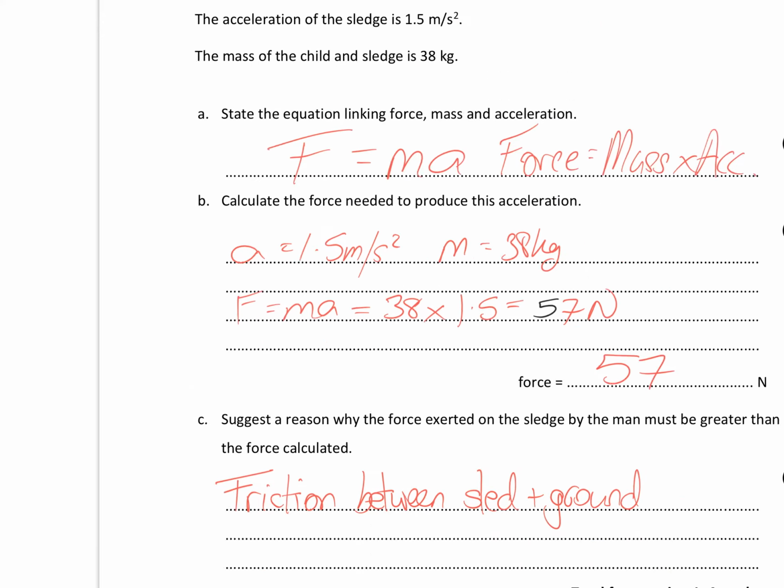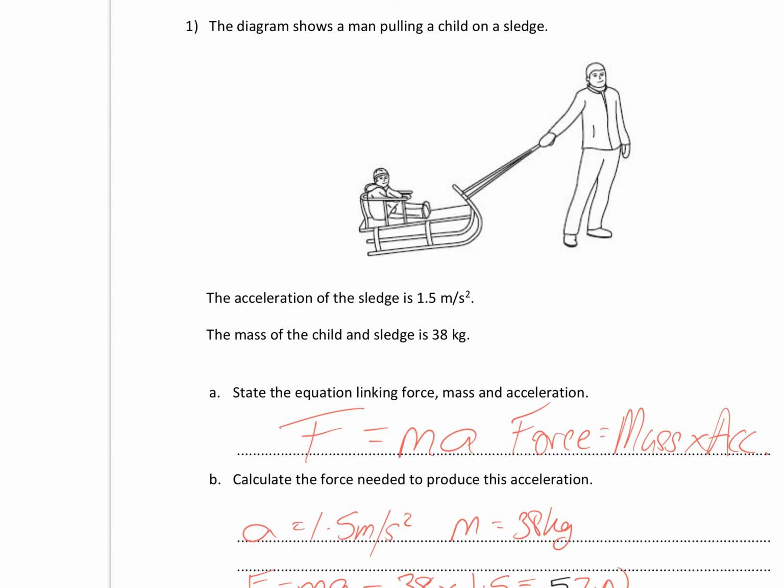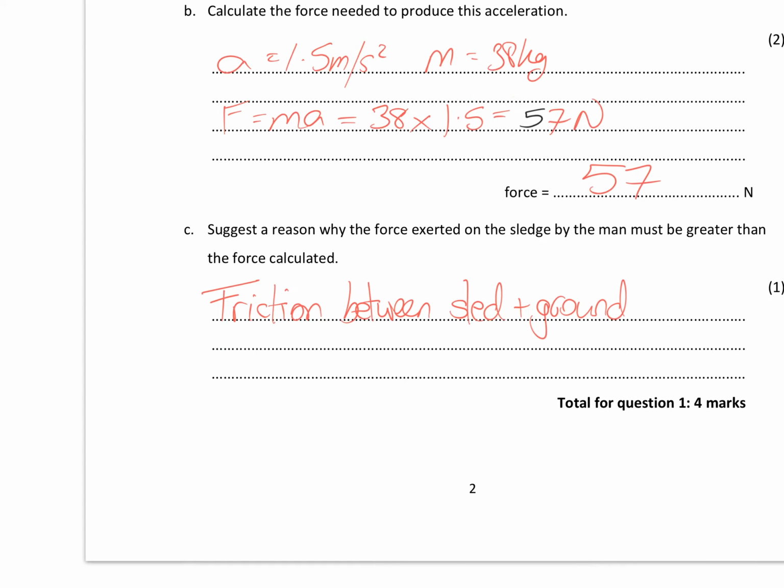A slightly less obvious reason is that the man is pulling at an angle here, so you can see the force from the rope will actually be at an upwards angle, so he's slightly lifting the sled as well as pulling it along, so the force is essentially divided between those two parts.